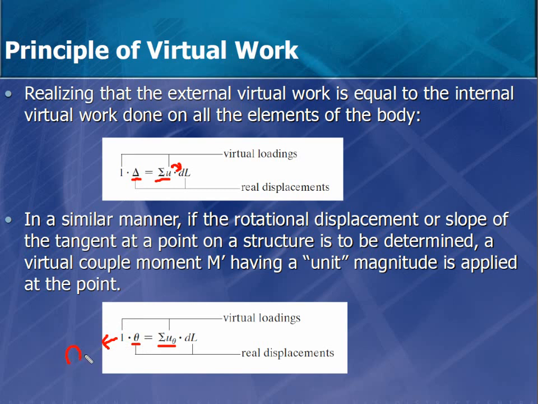So the moment direction, we're going to assume it here, because for theta we know slope is basically the moment that is responsible for it, while the load is responsible for deflection. So the load here is going to be in any direction which the delta is defining. The delta is defining the direction of the load, and the theta is going to define the direction of the moment, which will be clockwise or counterclockwise depending on what we're going to find.